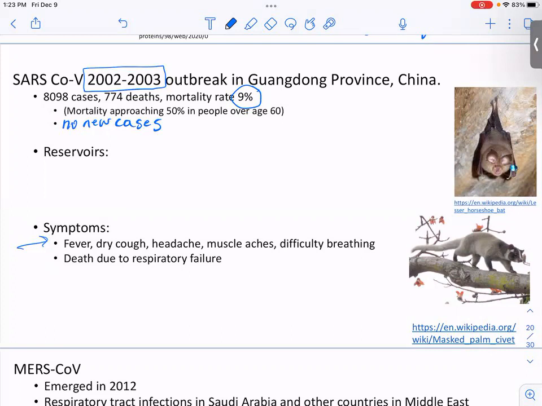So we think there was at least one spillover event. We've traced the phylogeny, the evolutionary trail of the virus, back to, I think it's called a lesser horseshoe bat, for SARS-CoV. It's just a little tiny bat that would fit in the palm of your hand.